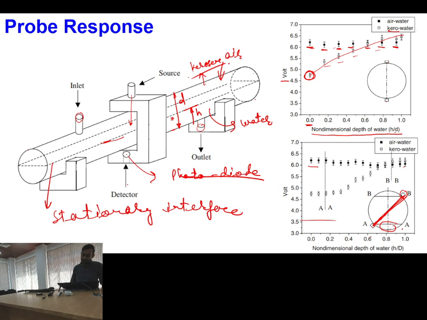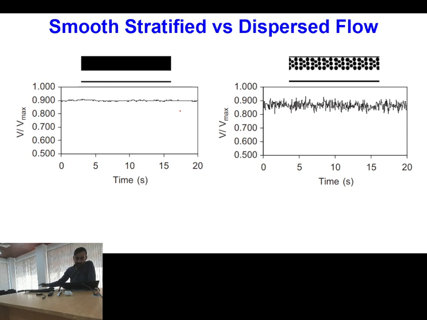Now, how this variation takes place for a stationary interface can be further extended to a moving interface, and then to how it can be utilized for detection of the different phases. Here you can see the first case.